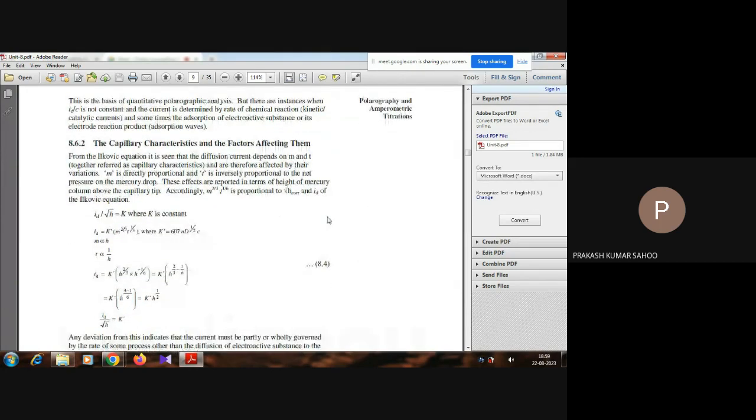Then the next part will be capillary characteristics and factor amplitude. What are the capillary factors for the current measurement?